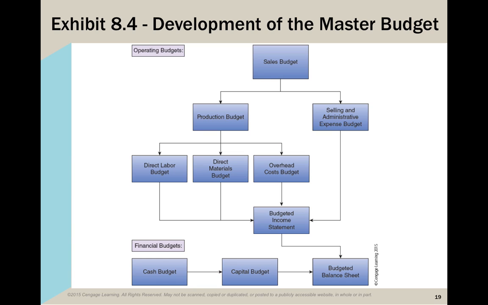That's the lights, the cost of running the facility. All of these come together to form the budgeted income statement.